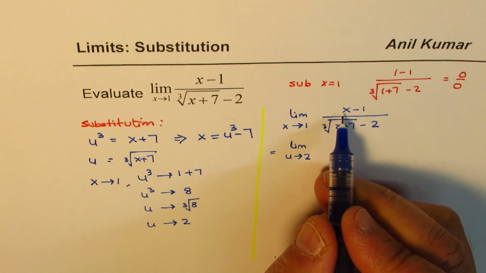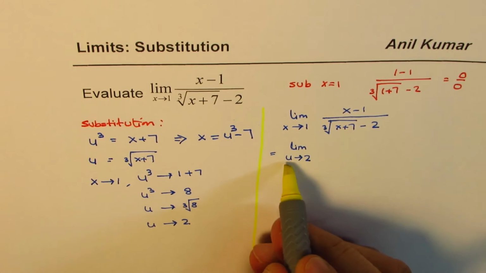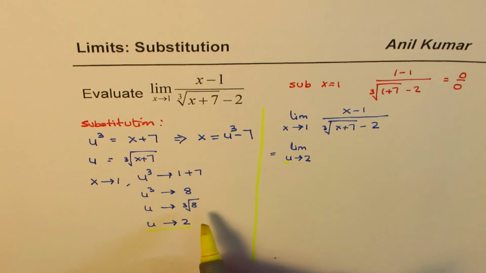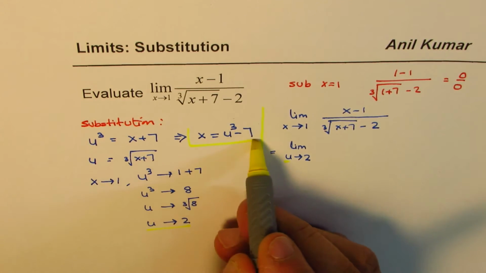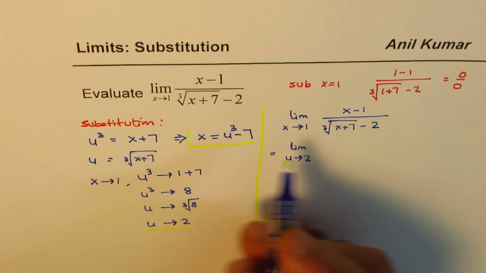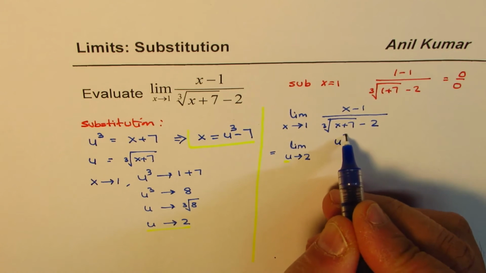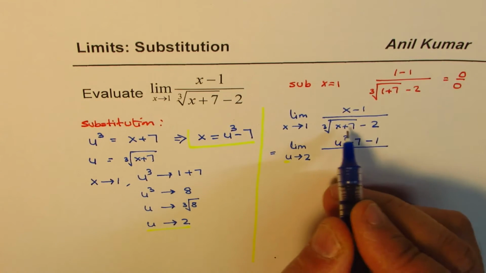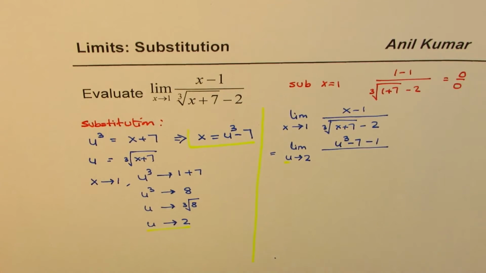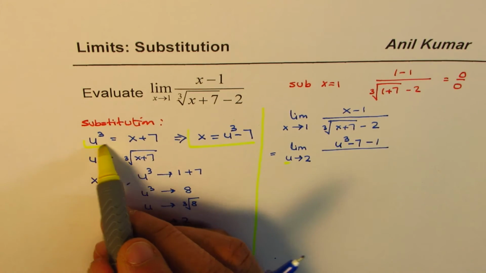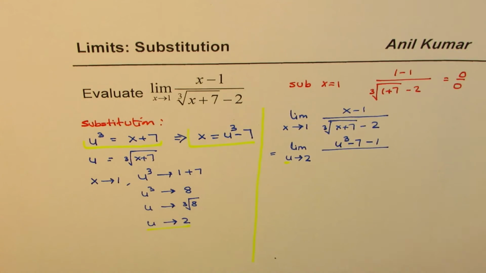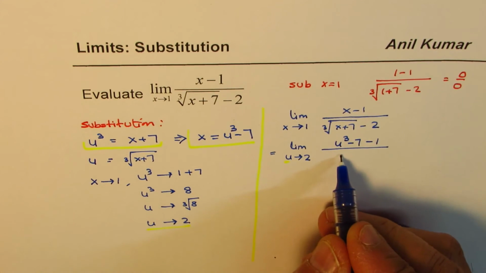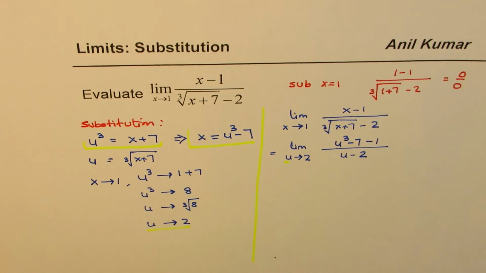I'm replacing x by, what is x equal to? X is equal to u cube minus 7. So let me write this as u cube minus 7, and we have already minus 1 here. In the denominator, we substituted u cube as x plus 7, so the cube root becomes u. So we have u minus 2 in the denominator.